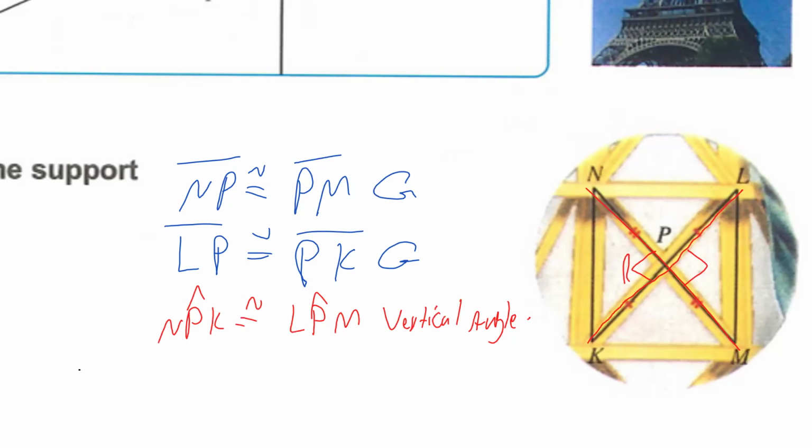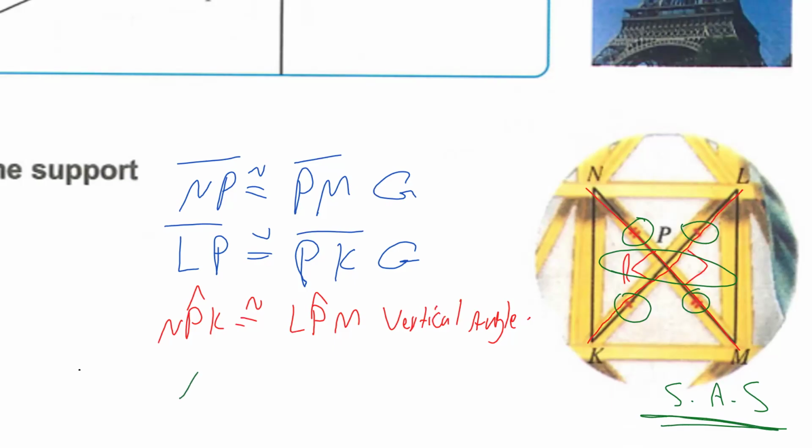Now if you take a look, let's count how many things we found. We found this side, that's one side. Then we found an angle. Then we found another side. So it will be side, angle, side.